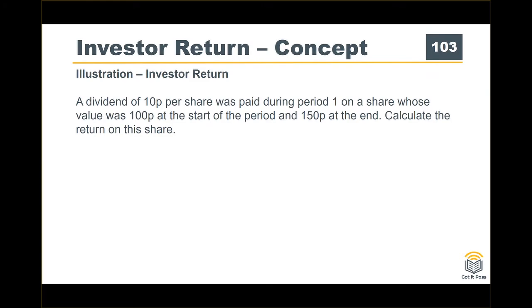So, simple: we have a dividend per share of 10 pence, and the value is 100 pence at the start of the period, and by the end of the period, it is 150. So what's the return?